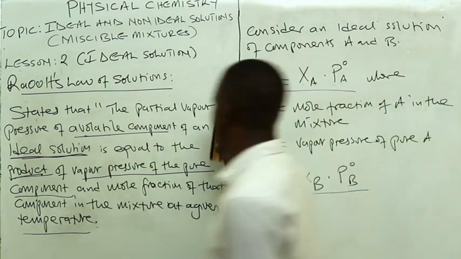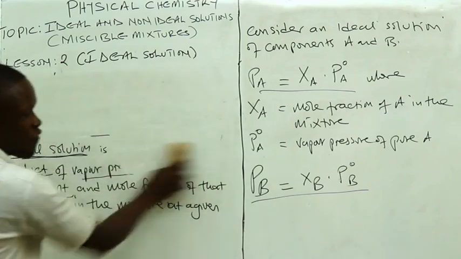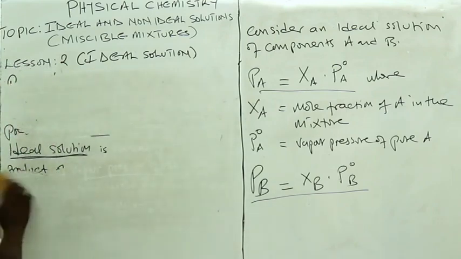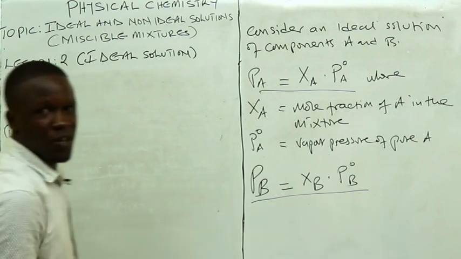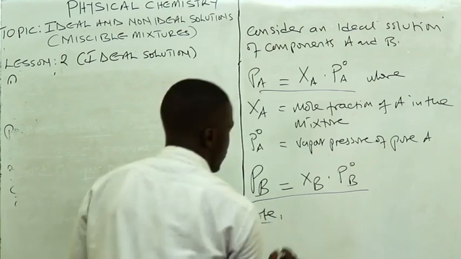However, we can remind ourselves from our previous lessons of the meaning of mole fraction. What do we mean by mole fraction? You need to know something about mole fraction.